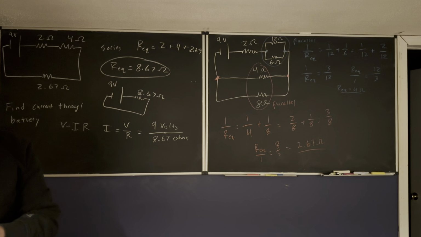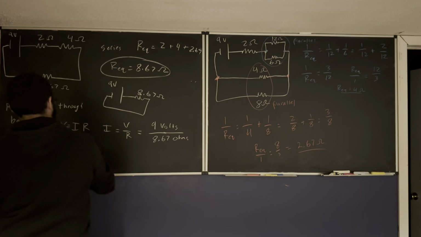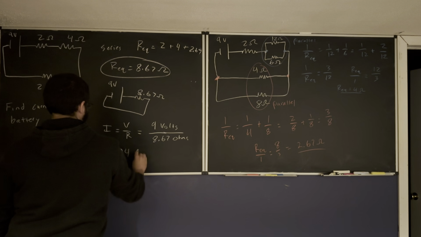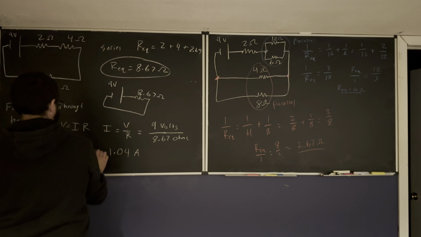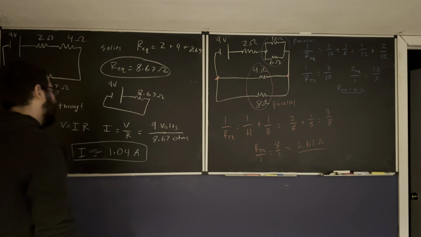Obviously this is going to be slightly greater than 1, but I want the exact value. So 9 divided by 8.67 is 1.038. So I is about 1.04 amps.